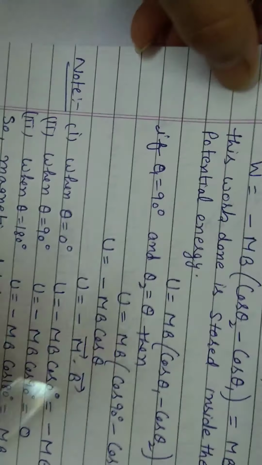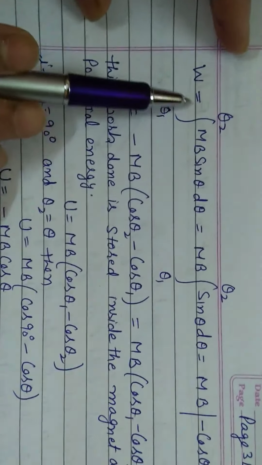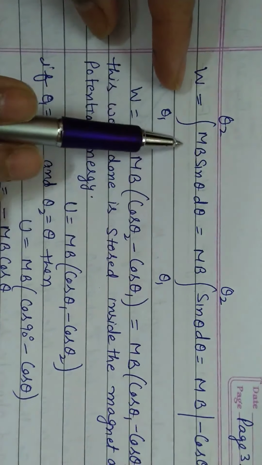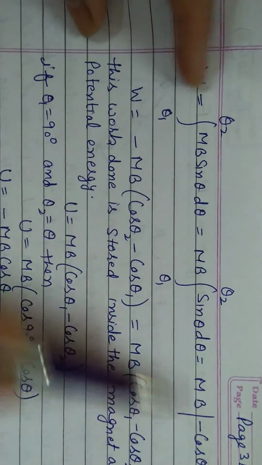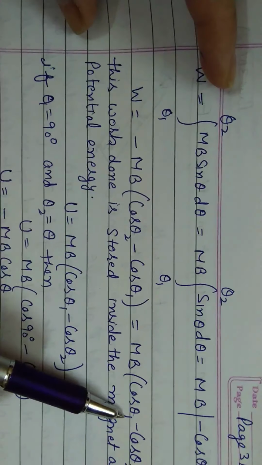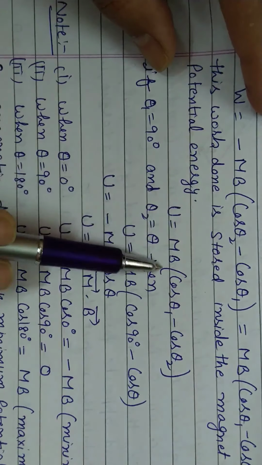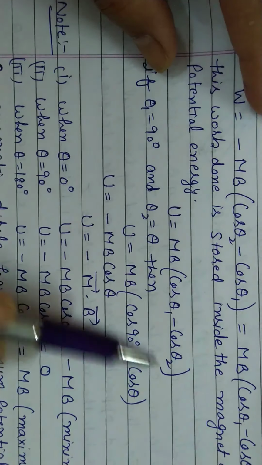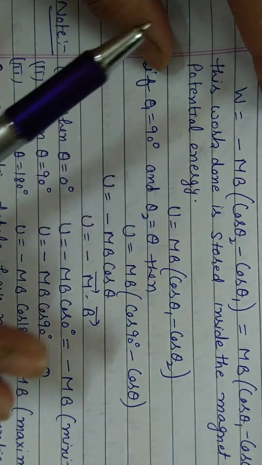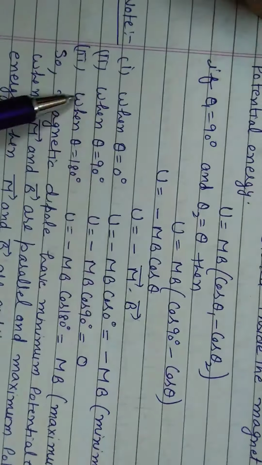By integrating from theta 1 to theta 2 of mB sine theta, we again get the values, and this work done is stored as potential energy, that is U equals minus mB cos theta. We put in these values, so these are some conditions.